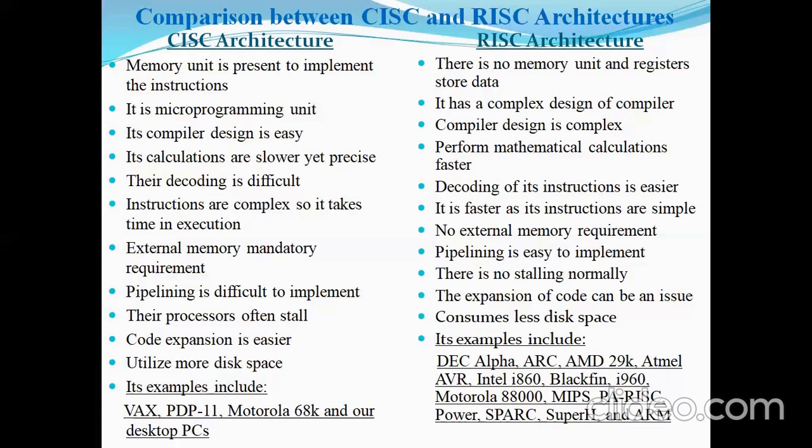Then the next point is that code expansion is easier in the CISC architecture, whereas the expansion of code can be an issue in the RISC architecture. Then the CISC architecture utilizes more disk space, whereas the RISC architectures consume less disk space.